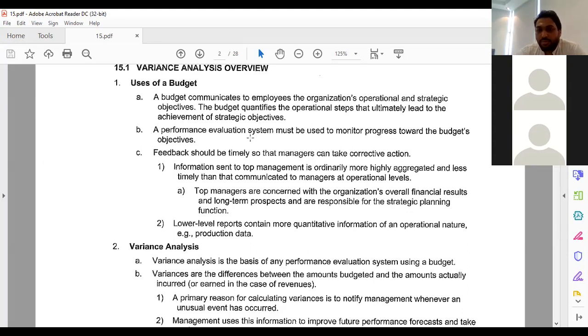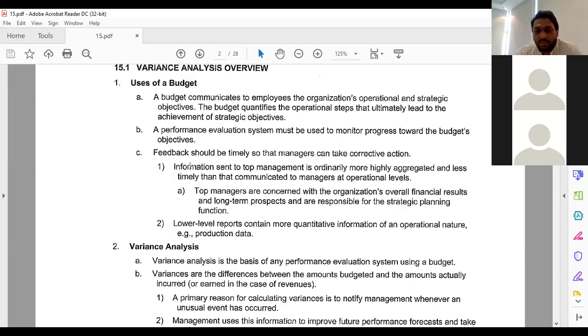Then a performance evaluation system must be used to monitor progress towards the budget's objectives. That means we have to compare our actual figures with the budgeted figures. Feedback should be timely so that managers can take corrective actions. When we compare actual with budgeted figures and see any deviation, it should be corrected at the same time.